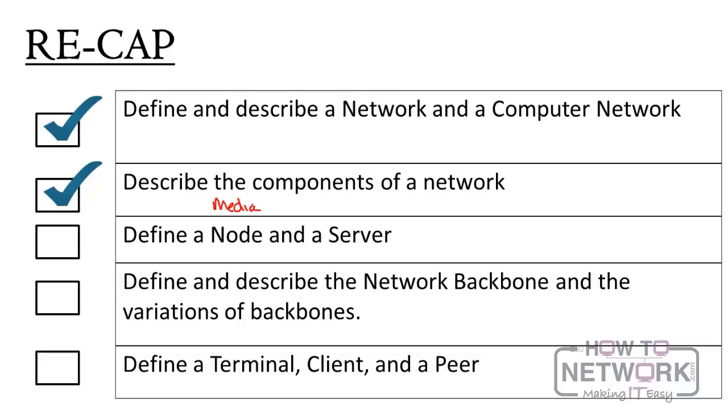We had media, which allowed the devices to communicate using a network adapter, communicated and managed by an operating system. We also defined a node and server. The node is really any sort of device that's on the network, we have the endpoint, and we also have a redistribution.